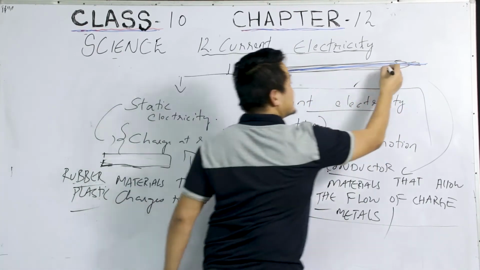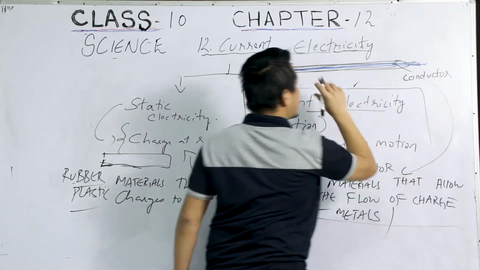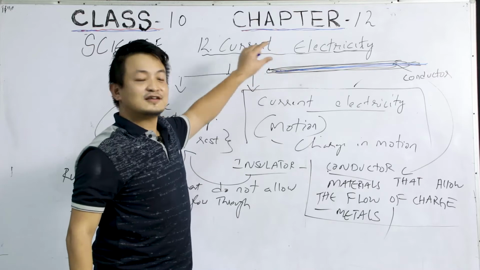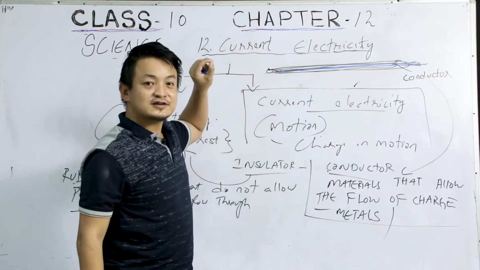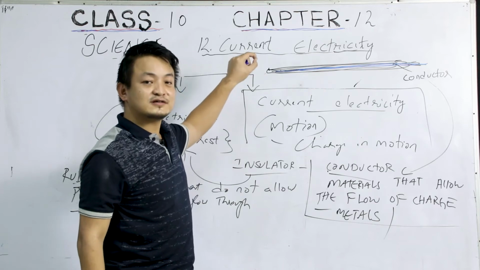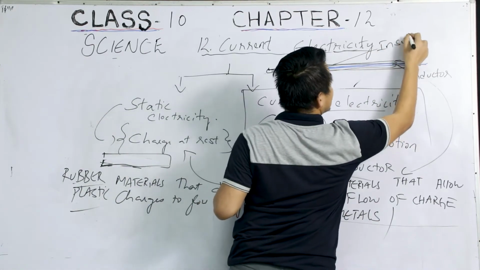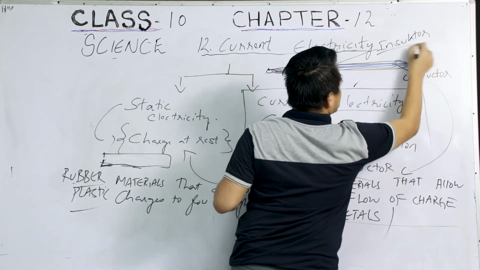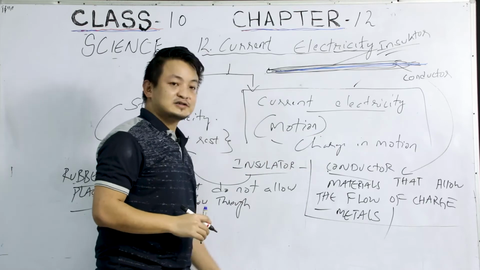So inside would be a conductor, whereas outside you can just touch, because there is no flow of charge, because that is a bad conductor. So that would be the insulator. So that was all about the introduction.